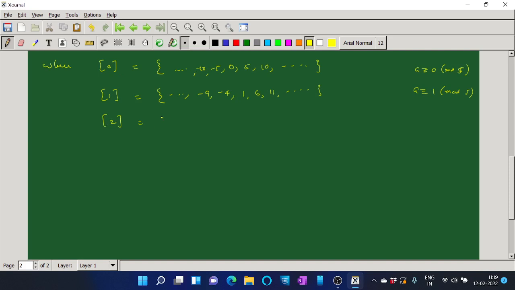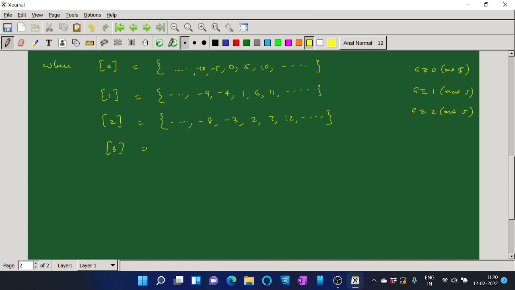Now this third class is those integers which leave the remainder 2 when divided by 5. That is, those integers which are congruent to 2 modulo 5. So the numbers are minus 8, minus 3, 2, 7, 12, etc.